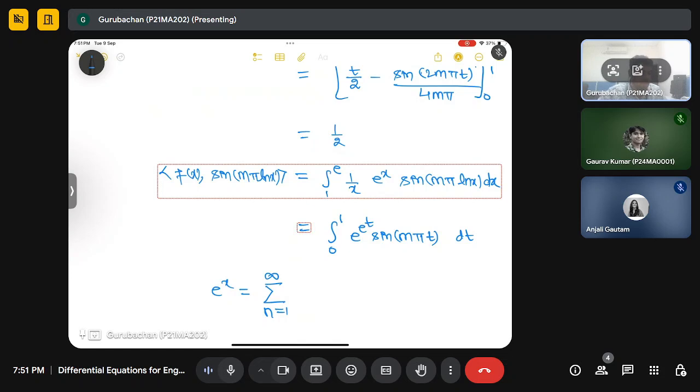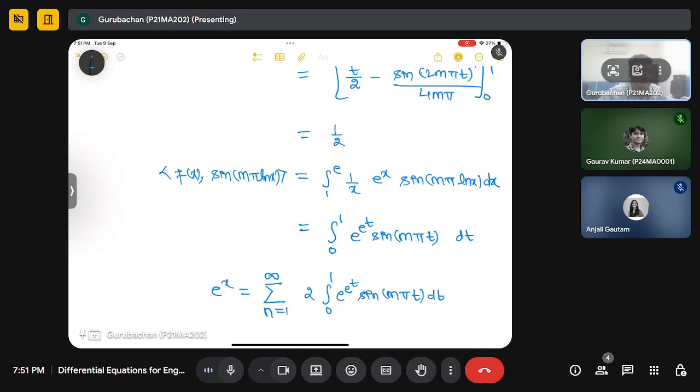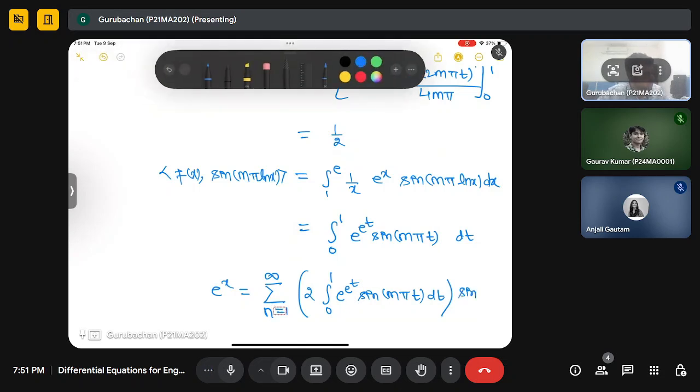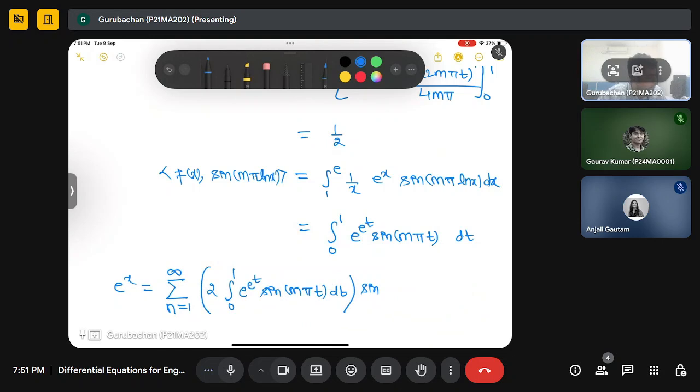This will be the division of these two quantities, that is 2 times the integral from 0 to 1 of e to the power t sin(m pi t) dt, times the function sin(m pi ln x), where x varies from 1 to e.